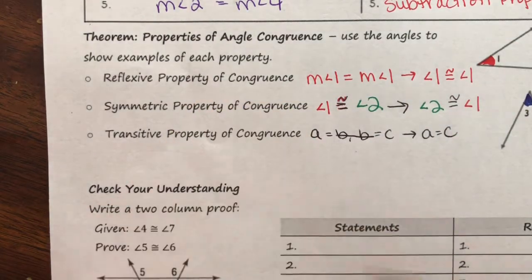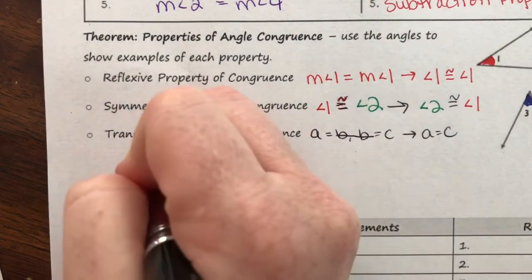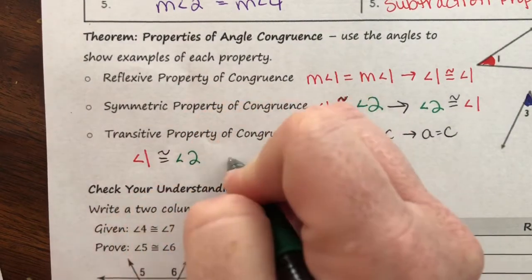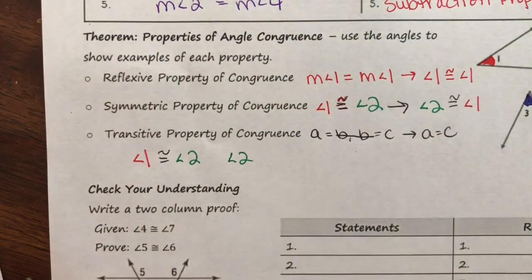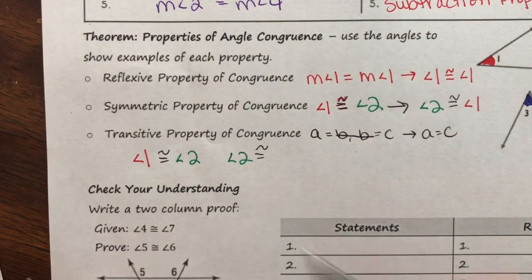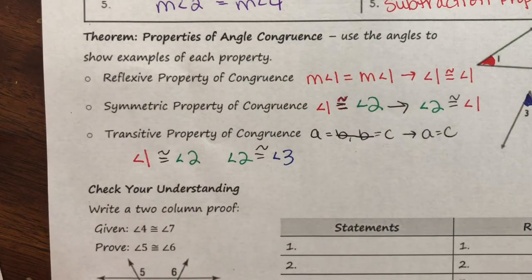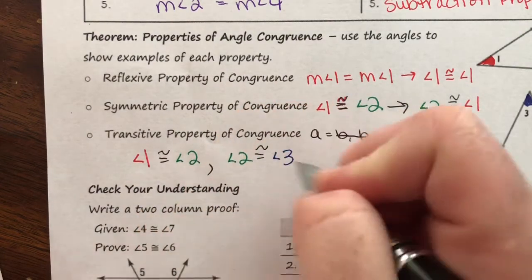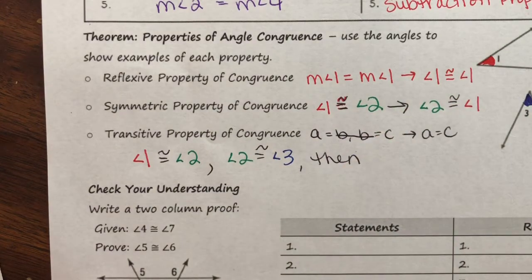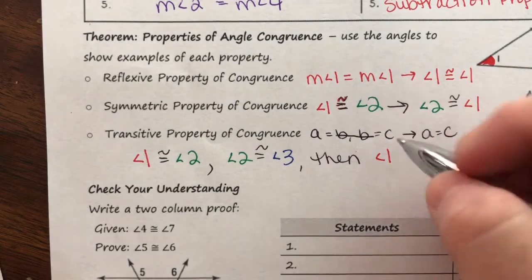So if I said angle 1 is congruent to angle 2, and angle 2 is congruent to angle 3, and I did angle 3 in blue. That was a terrible congruency symbol. I hope yours are better than mine. Then I can cut out the middleman. I can cut out angle 2 and just say that angle 1 is congruent to angle 3.